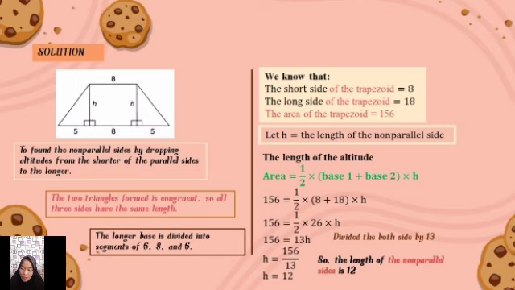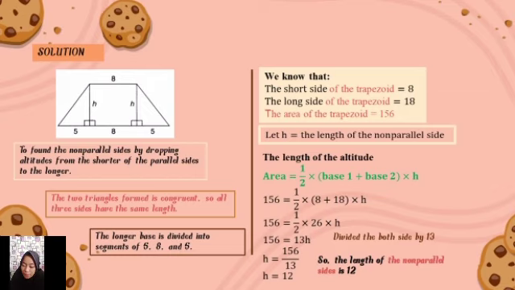Let h equal the length of the altitude. Area equals one half times (base 1 plus base 2) times h. So 156 equals one half times (8 plus 18) times h.